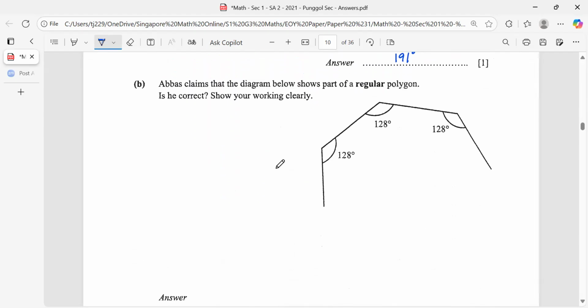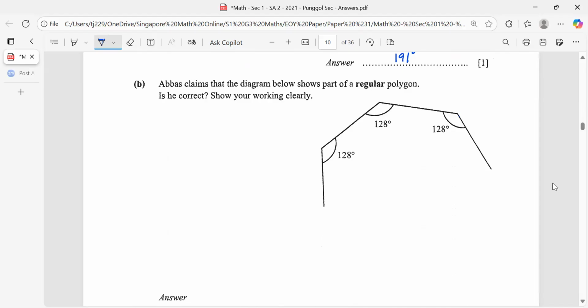Abbas claims that the diagram below shows part of a regular polygon. Is he correct? Now, we are not so sure how many sides this polygon has, except that we are given the interior angle of 3 of it. We will only know whether it is a regular polygon if all of the exterior angles multiply consistently to give 360 degrees.